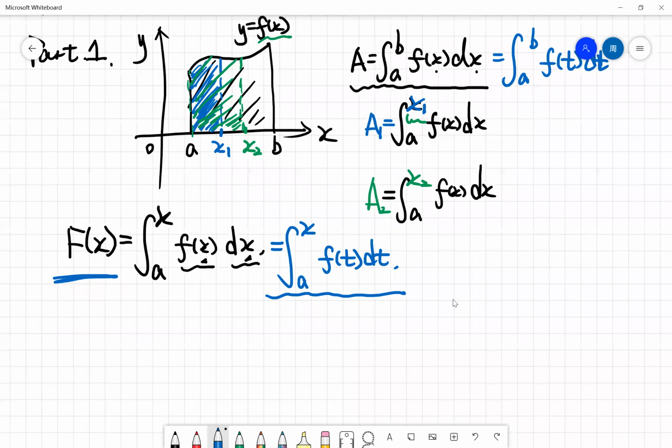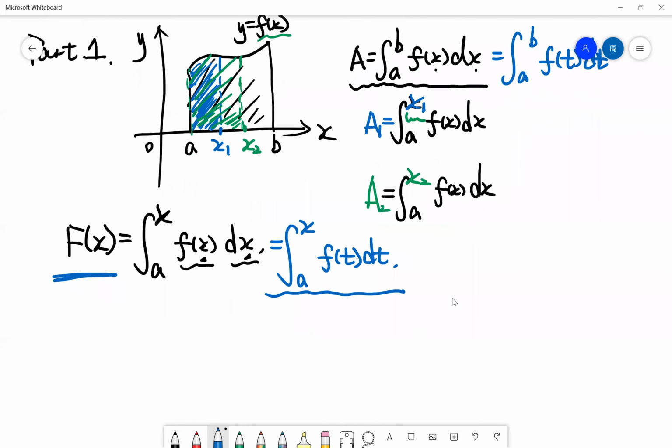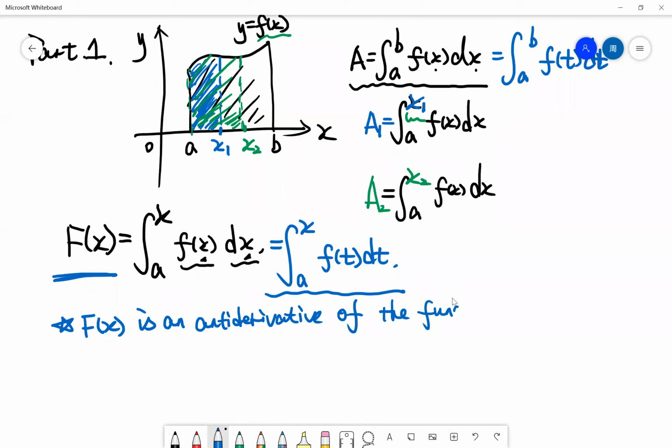If we use the definition of derivative, you can check that capital F of x is an antiderivative of the function f of x.